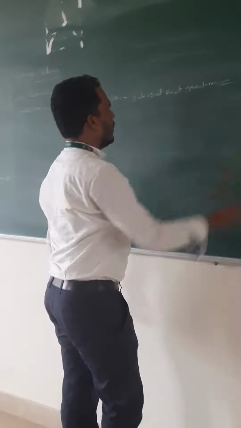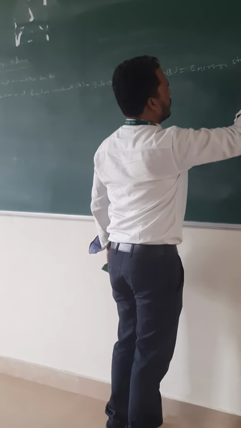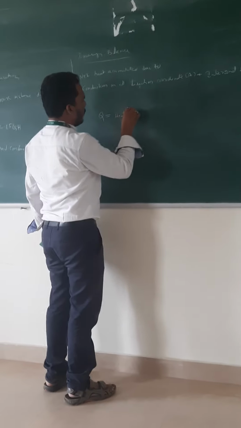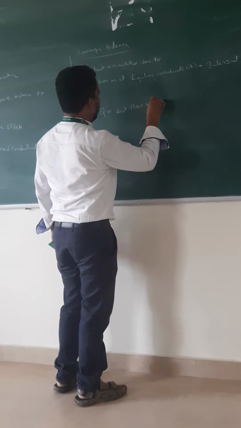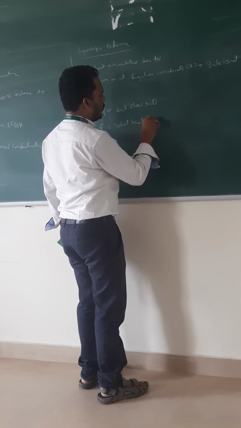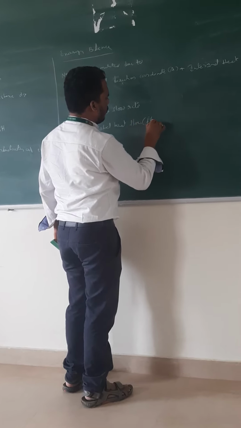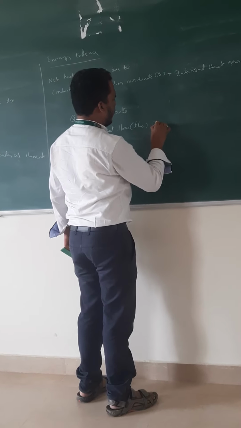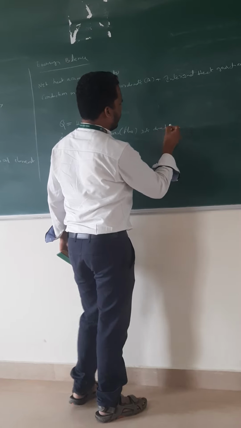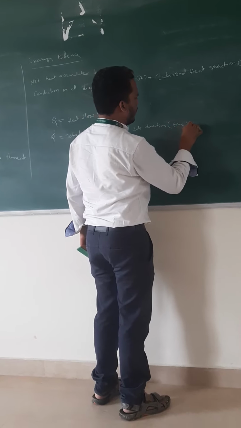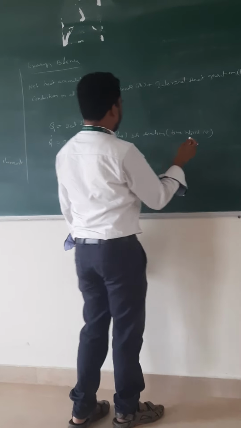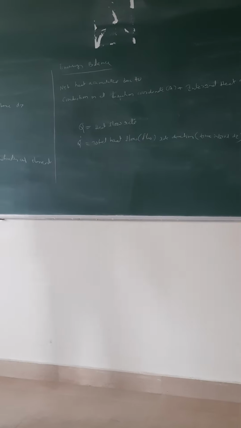Energy stored is C. Here Q is the heat flow rate, and Q dash is the total heat flux per time interval in the direction. So this is equation 1.